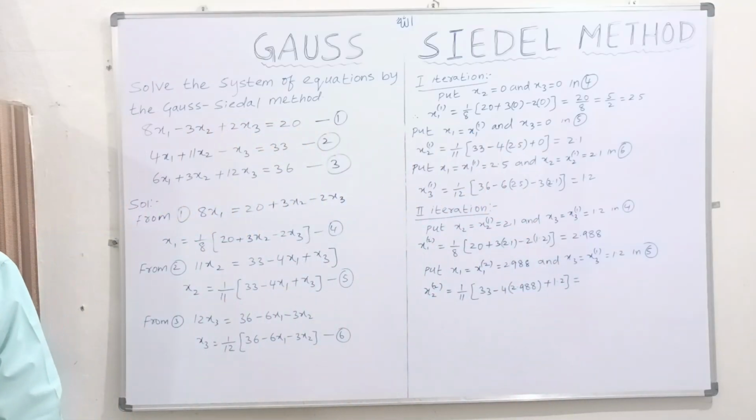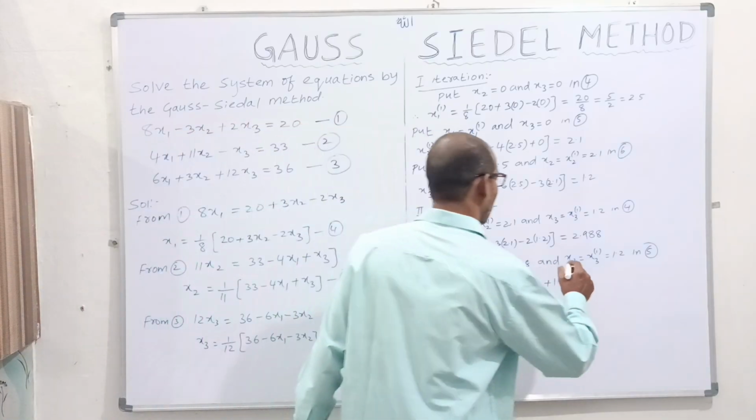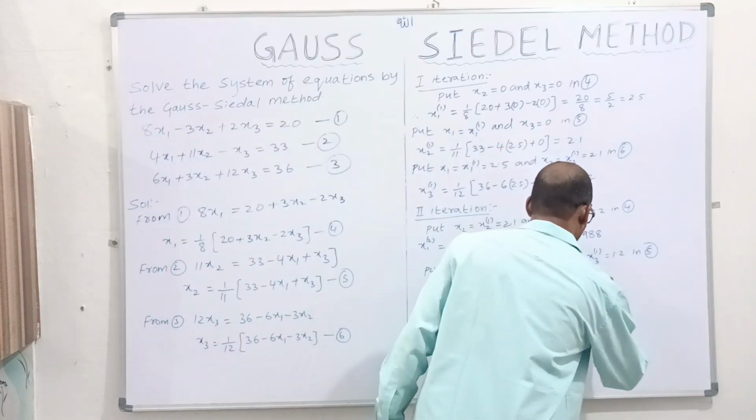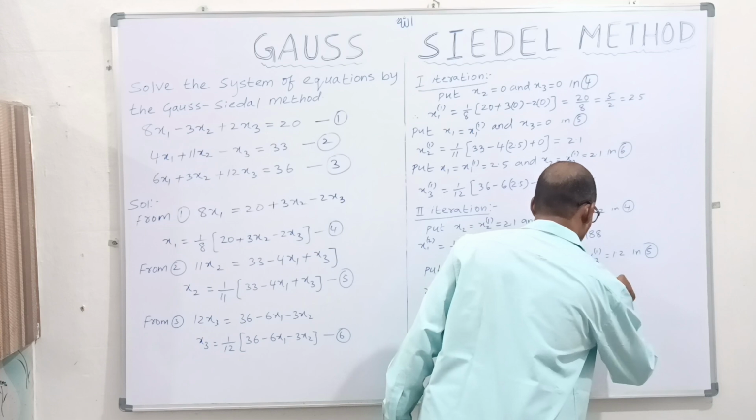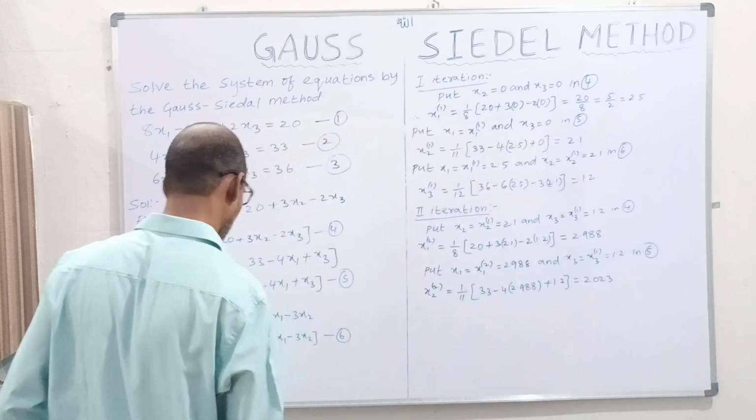On simplifying, we will get the value of x2 as 2.023.